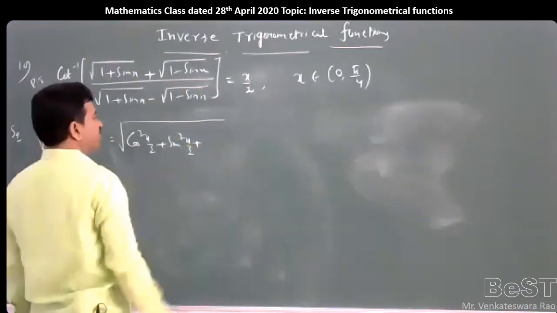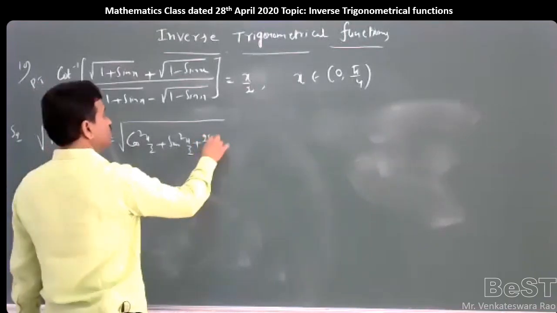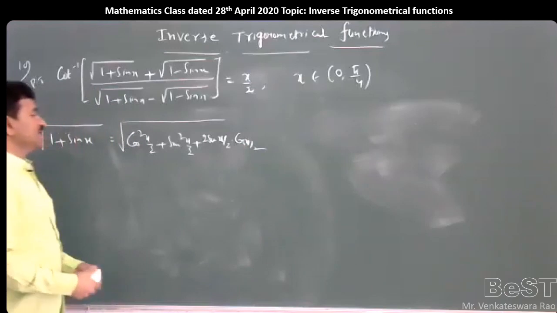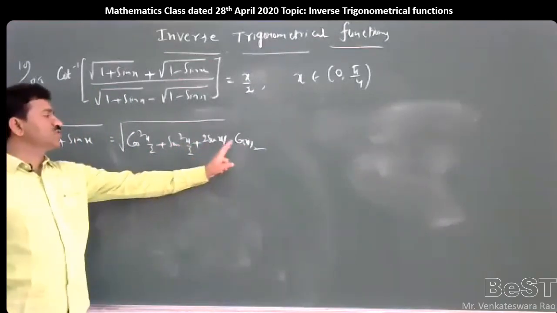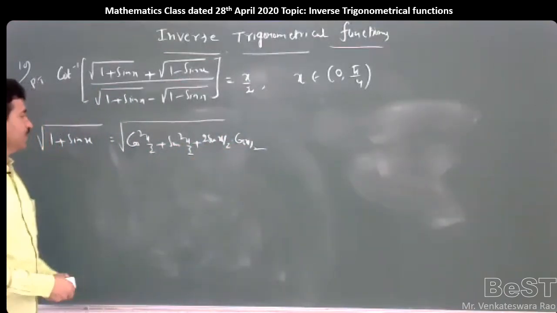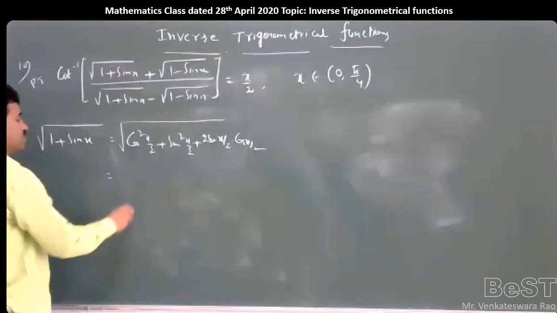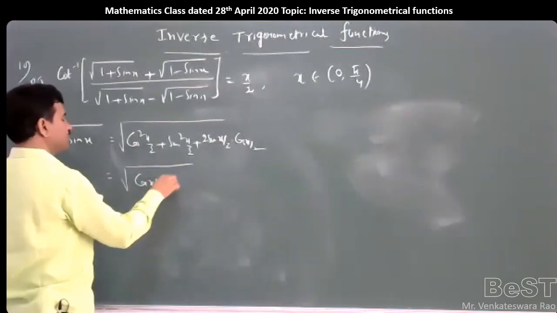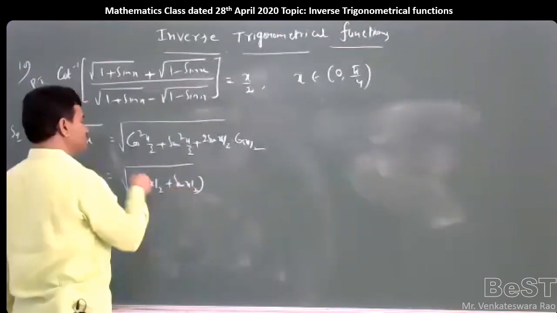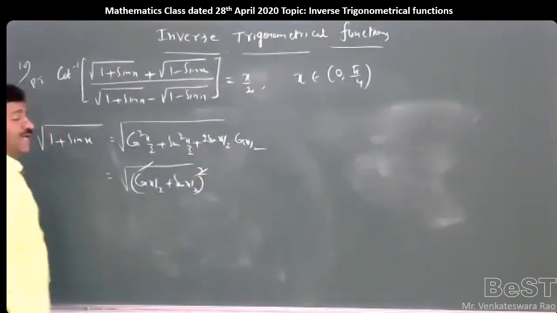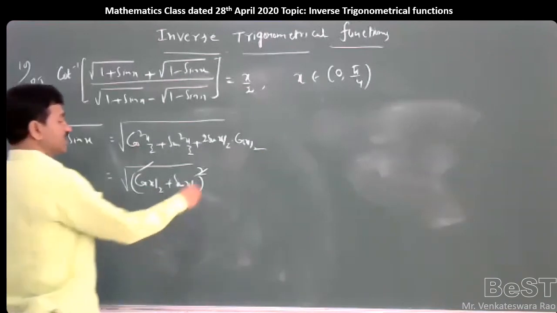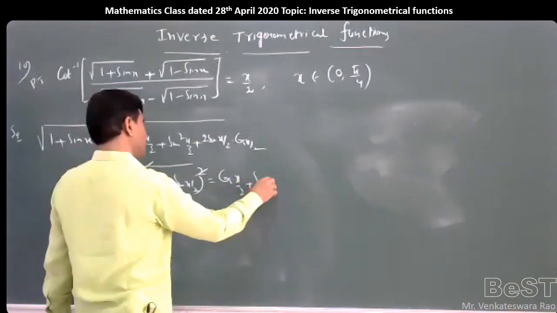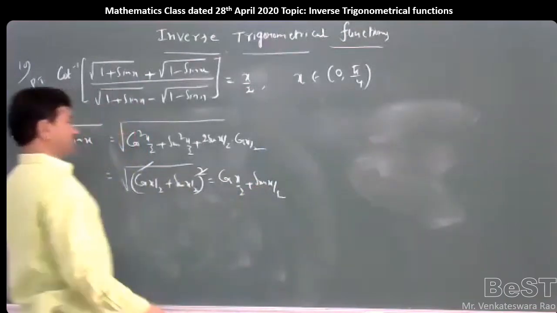Write the sin x double angle formula, 2 sin x by 2 into cos x by 2. a square plus b square plus 2ab is a plus b whole square. So the square root of this is cos x by 2 plus sin x by 2 whole square. Square root cancels. So the answer is cos x by 2 plus sin x by 2.